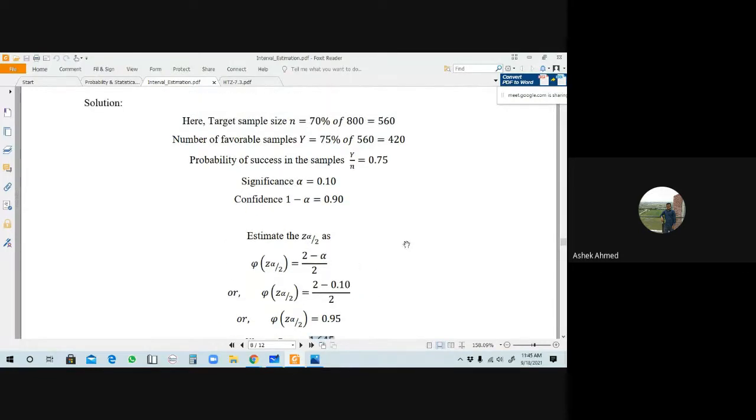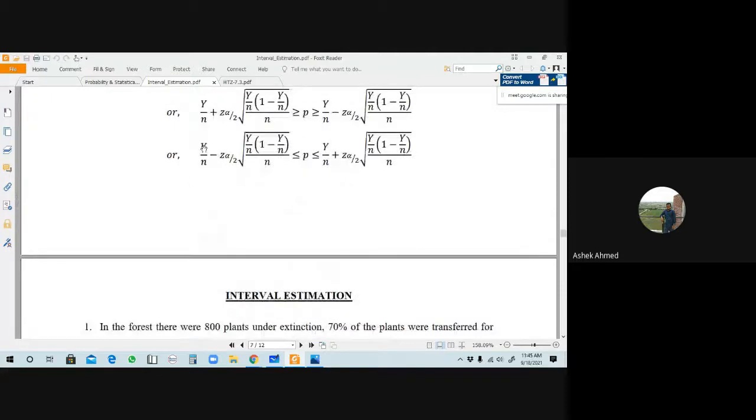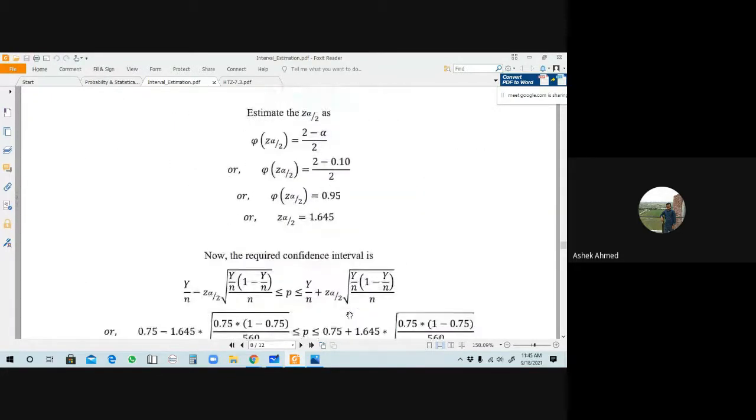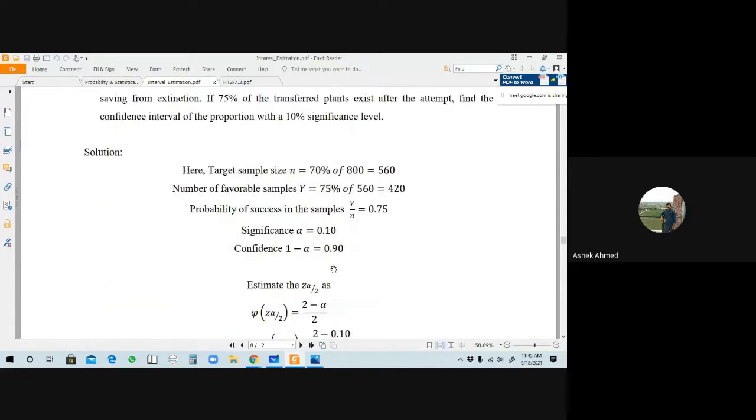After determining all results here, you can substitute these values into this formula, এই ফর্মুলাতে বসে দাও. Then you will get an interval, this interval will be this, okay? From here we can determine this is the 90% confidence; the confidence coefficient was 0.9, okay? 0.9 means here again this represents the confidence coefficient.